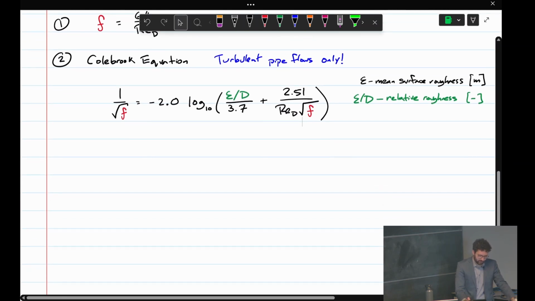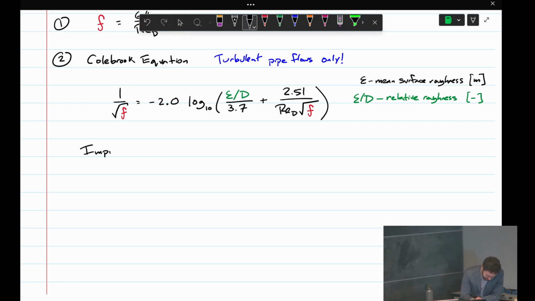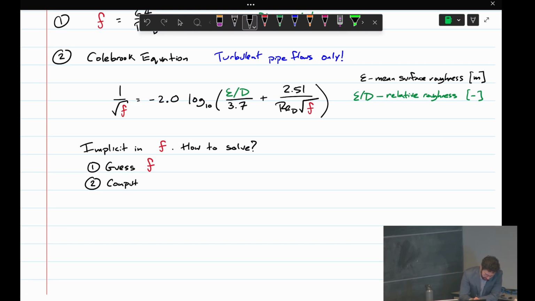Maybe I'll give you the algorithm for how we actually solve the Colebrook equation first before we talk about how we approximate it. So the problem is that this equation is implicit in F. So how to solve this? The first step is we guess F. Second step is we compute the right-hand side.